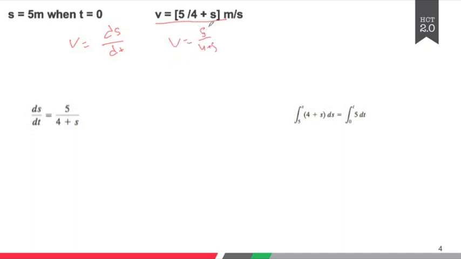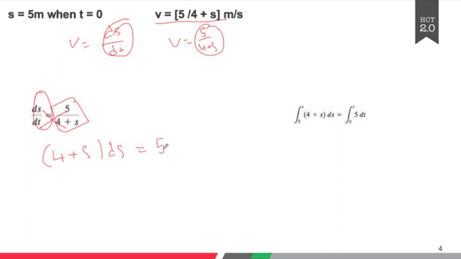So we can equate these two equations to result in ds over dt equal to 5 over 4 plus s. And to further simplify this equation, we can cross multiply these two to result in 4 plus s ds equals 5 dt.